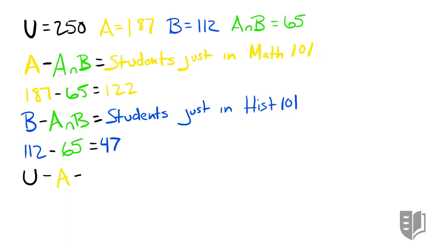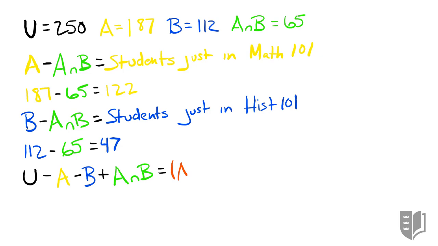So to find that, we need to take the total number of people that were surveyed, subtract the total number of people who took Math 101, and the total number of people who took History 101, and then add back our intersection. And that will give us the total number of people who aren't taking either class.